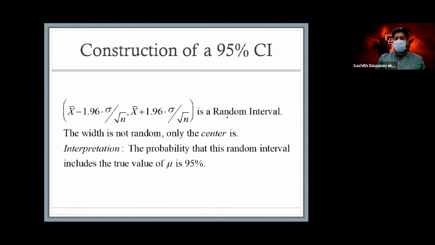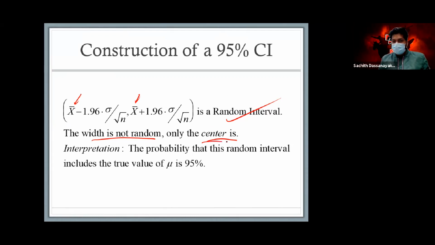So this is a random interval. The width is not random, only the center is random. Why is the center random? Center means X bar. X bar is random because it is the sum of xi over n, so once we change the sample, X bar changes.